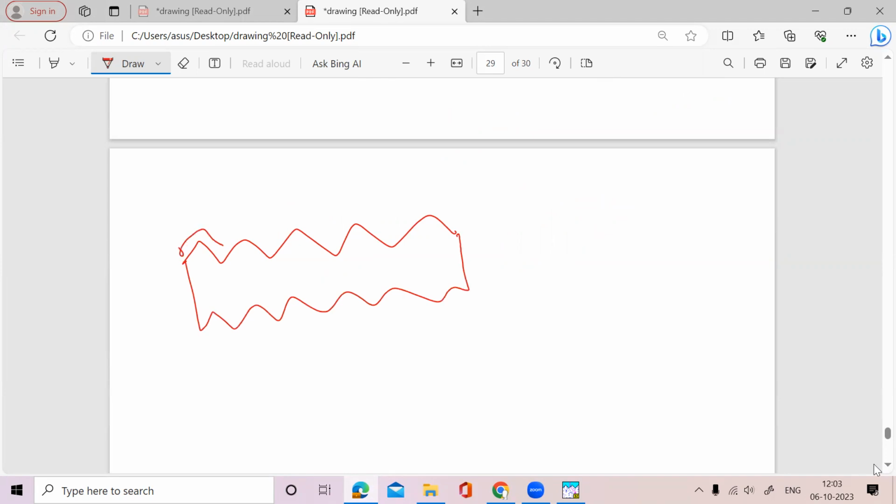This has already happened. On the backside also I can't deny it, my n is there. So this is my n, this is my n, and in the middle it is p.